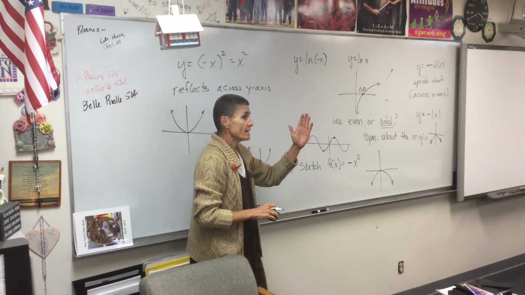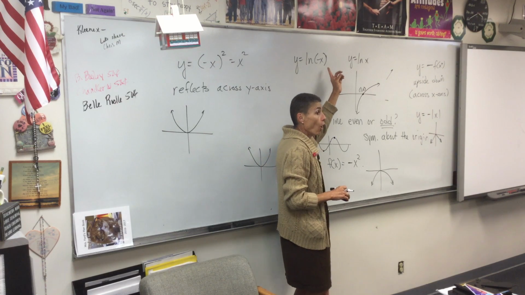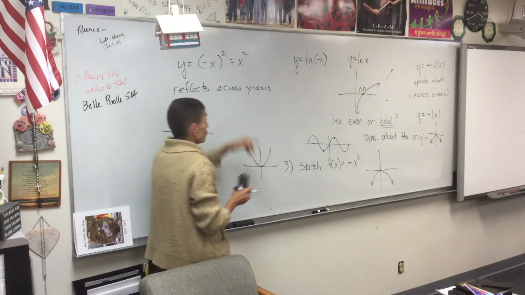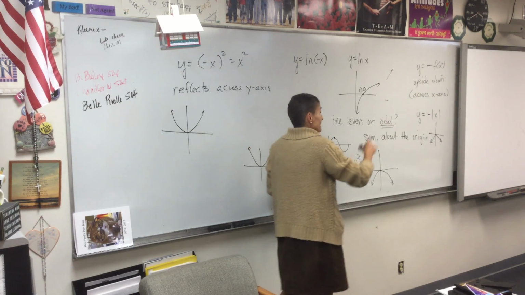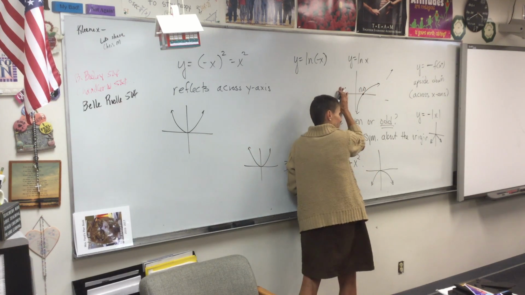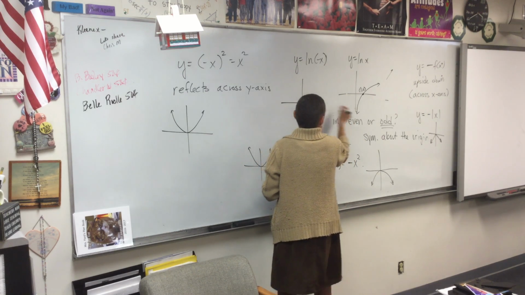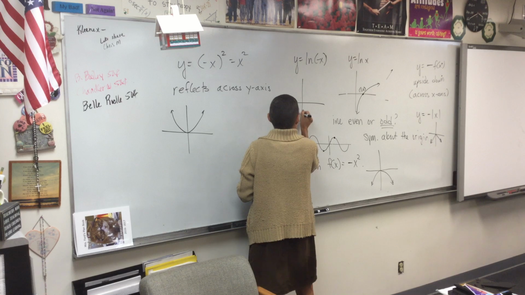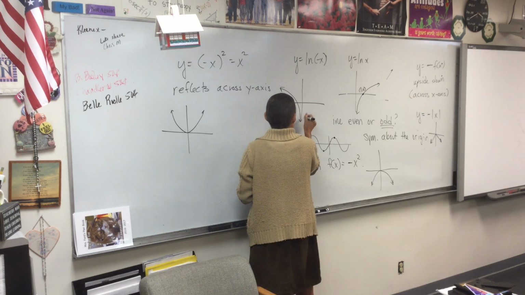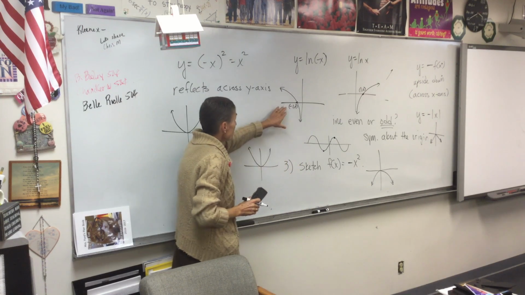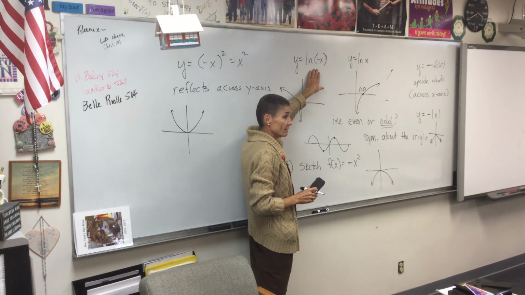So when we put a negative on the x, it reflects across the y-axis. When you change the sign on x, you end up on the other side of the y-axis. So if I took that picture and flipped it, I would get this. Would you agree with that? Yes. There is a picture of that.